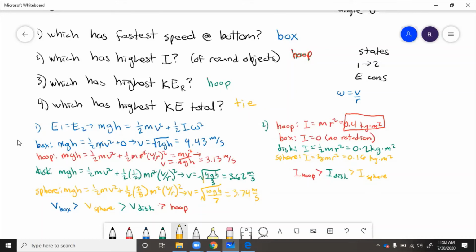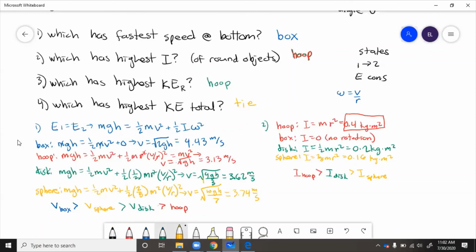So just depending on what proportion of the energy goes into each type, that will dictate what the speed is going to be. So the one with the highest kinetic energy of rotation is going to be proportional to this 1/2 I omega squared.